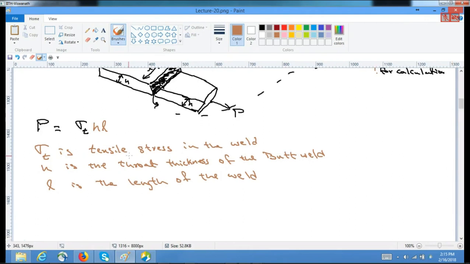If you replace tensile stress by strength, it will give you the load carrying capacity of a butt weld. Now, in most design codes, depending upon the quality of the weld, they give you the efficiency of the weld joint.